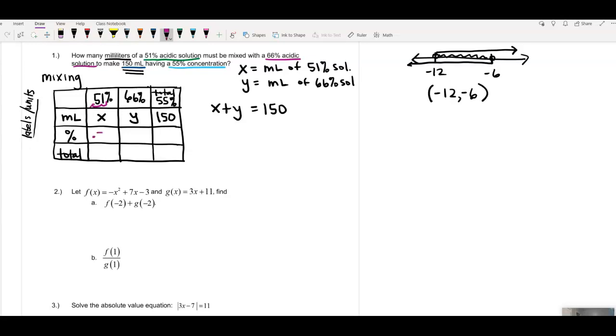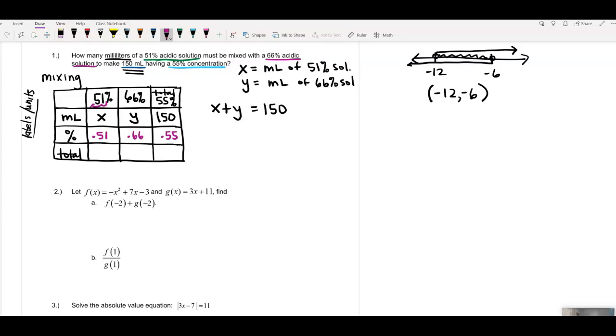So that's going to be 0.51, 66% is 0.66, and 55% is 0.55. That just helps me remember to change those percents to decimals. And then to get my other equation, I'm just multiplying the 2 rows together.